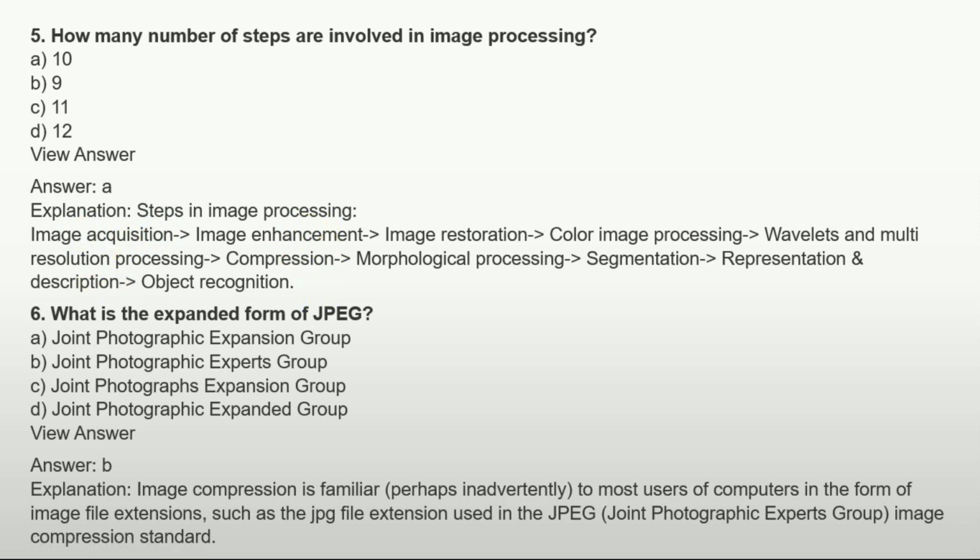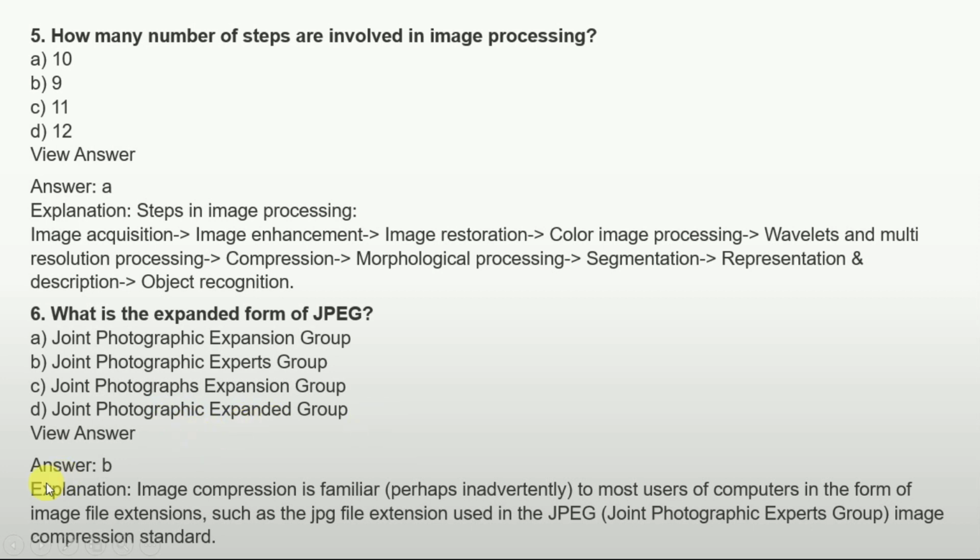The next question is, what is the expanded form of JPEG? That is a most important question, and you have to be very clear about this. Options are joint photographic expansion group, joint photographic expert group, joint photograph expansion group, and joint photographic expanded group.